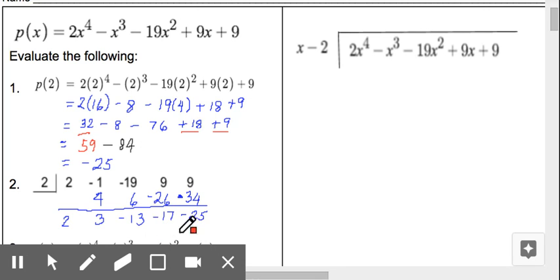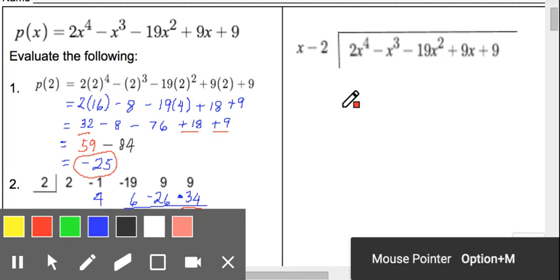Number 2 is another way of finding the value of the function, but this time we're using synthetic division. Okay, so we got the same answer right there. All right, so now let's move on here.